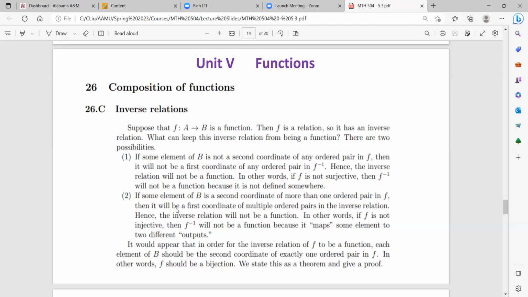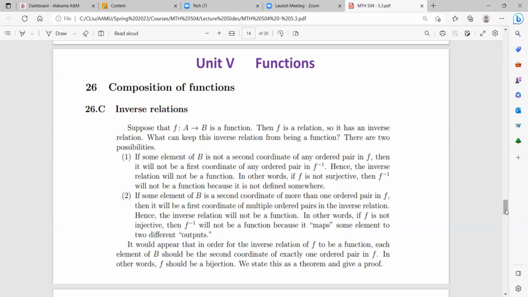So you can see when f is not surjective or f is not injective, then the inverse of f will not be a function, although f itself is a function. So that automatically says that in order for the inverse relation of a function to be a function, the original function has to be a bijection. All right.